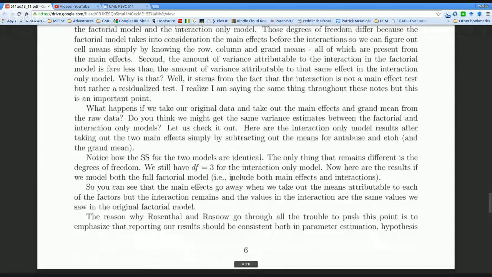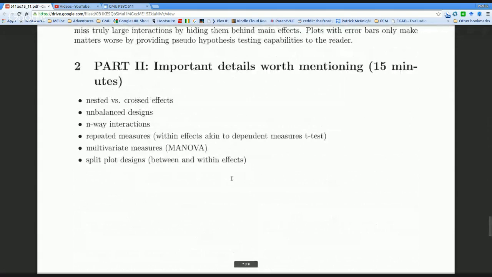Okay, to wrap up this and to not extend to another video, I want to talk about a few other important details. First, nested versus crossed effects. When I mentioned before in ANOVA, I said ANOVA requires independent variables. And so therefore, it requires that all the effects, the main effects for your factors, are crossed.